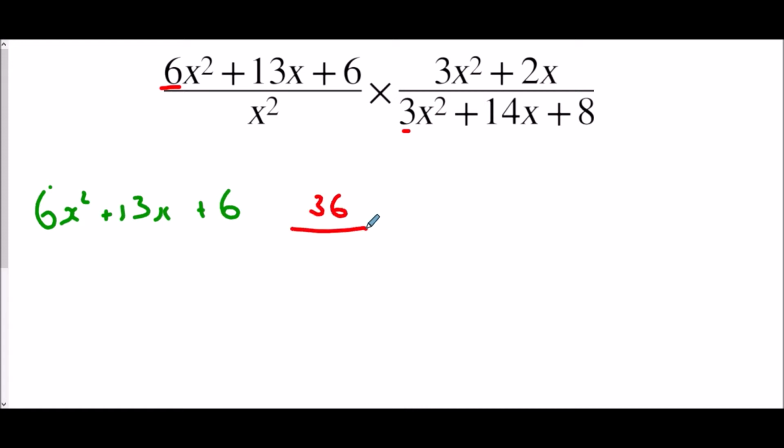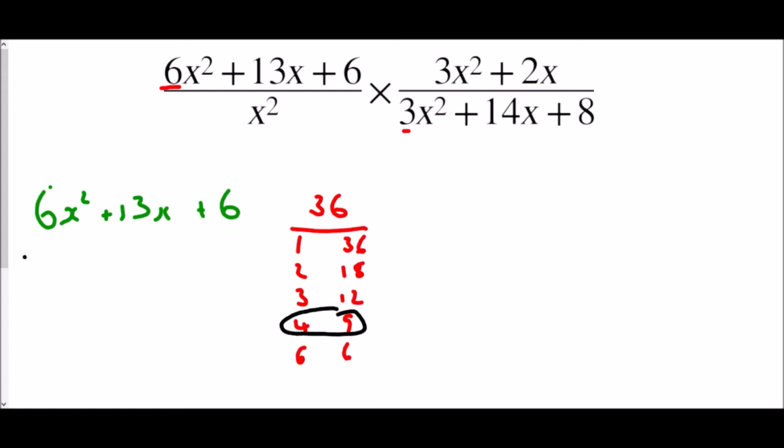I need two numbers that are going to multiply to make 36, but are going to add to make 13. So we'd have 1 and 36, 2 and 18, 3 and 12, 4 and 9, 6 and 6. Do any of those add to make 13? Well, this pair here works.